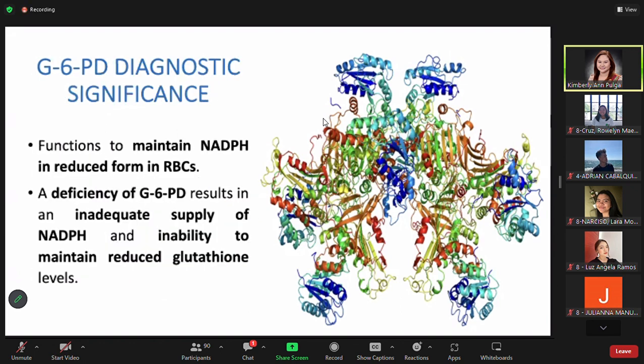It is problematic when we are deficient in G6PD because there will be an inadequate supply of NADPH. It maintains NADPH, right? Therefore, there will be an inability to maintain the reduced glutathione level. Why do we need reduced glutathione? Because glutathione in reduced form protects hemoglobin from oxidation by agents that may be present in the cell.